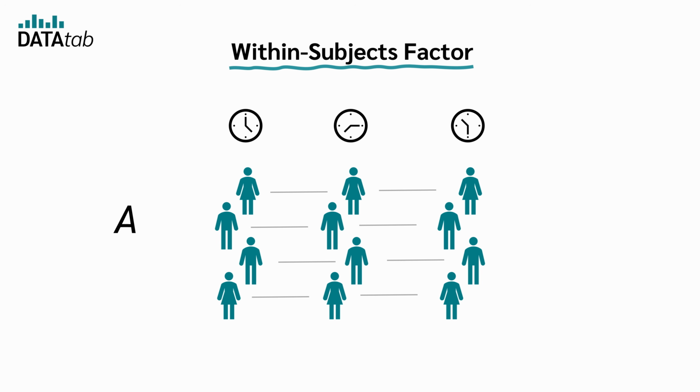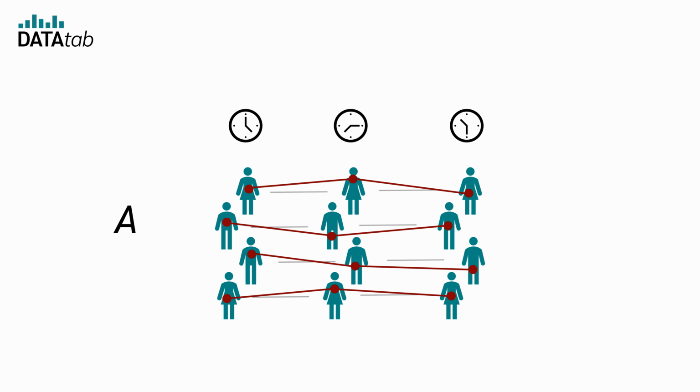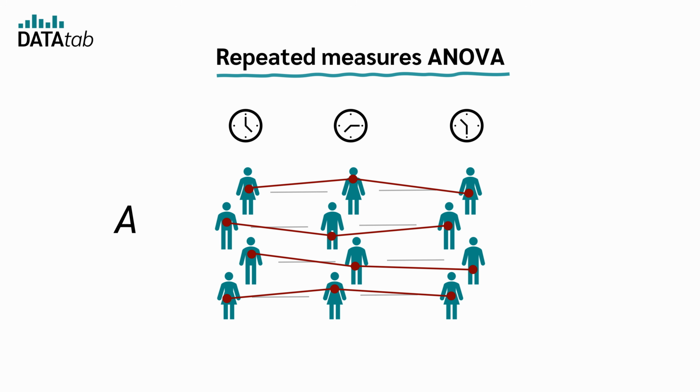And this is called a within subjects factor. The same subjects are exposed to all levels or conditions. In this case, we want to know if there is a difference in the mean value of the cholesterol levels between the different points in time. And this is exactly what a repeated measures ANOVA does. Therefore, in a repeated measures ANOVA, we have within subject factors.